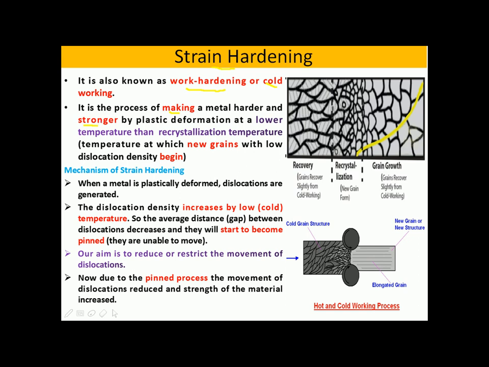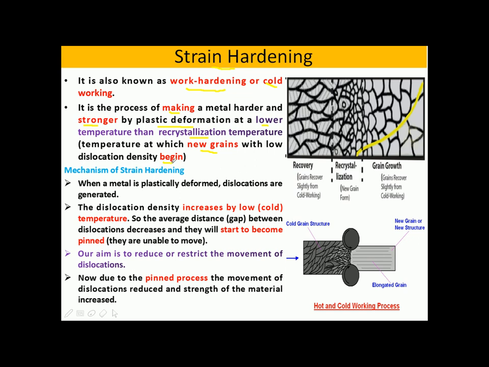This is done by plastic deformation, at a temperature much lower than the recrystallization temperature. What is meant by recrystallization temperature? The temperature at which new grains begin is called the recrystallization temperature.